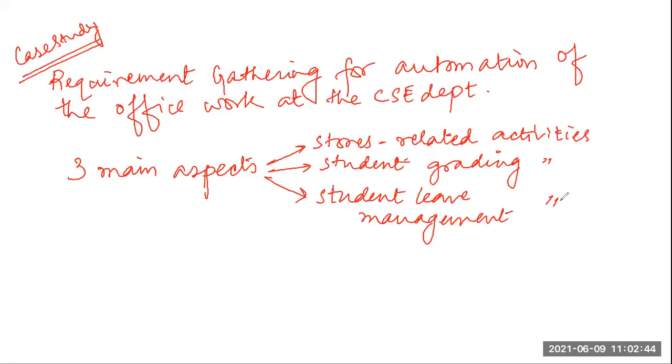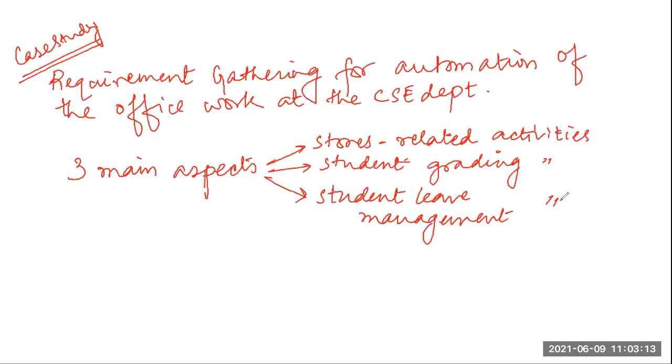So the HOD introduced the analyst to the office staff and to the students. Fine. The analyst first discussed with the clerks the specific responsibilities or tasks that they were required to automate. For the stores related activities, he will talk with the clerk who was doing this activity. For student grading, he will talk with the clerk who was doing this activity.